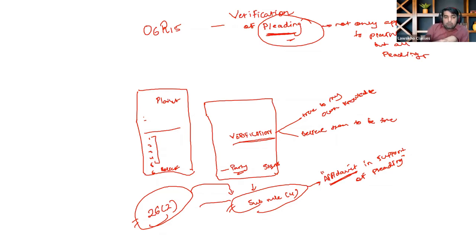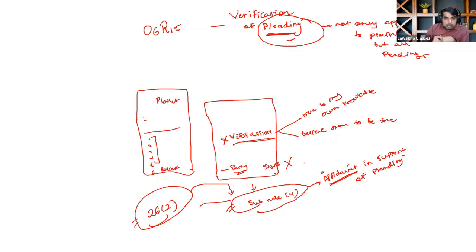Fine. Now what will happen if your plaint does not have verification? यहाँ वेरिफिकेशन नहीं है, यहाँ आपने वेरिफिकेशन साइन नहीं की है. If the plaint does not have verification, then what will happen? Will the plaint be invalid, or the proceedings will not start? What will happen? Or the plaint be rejected?